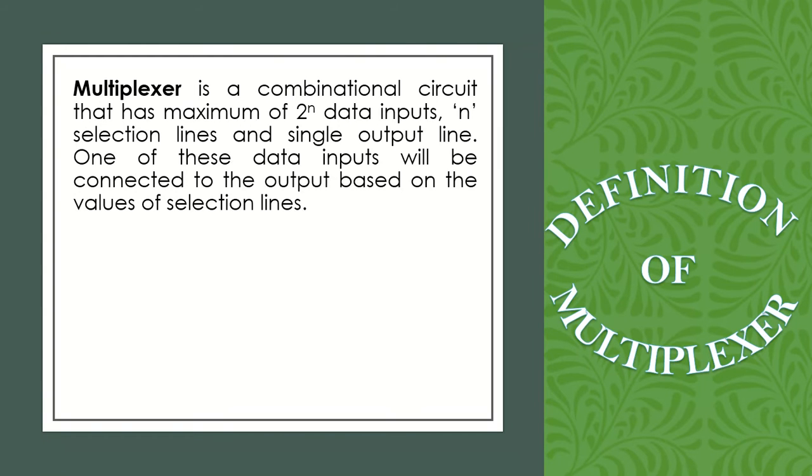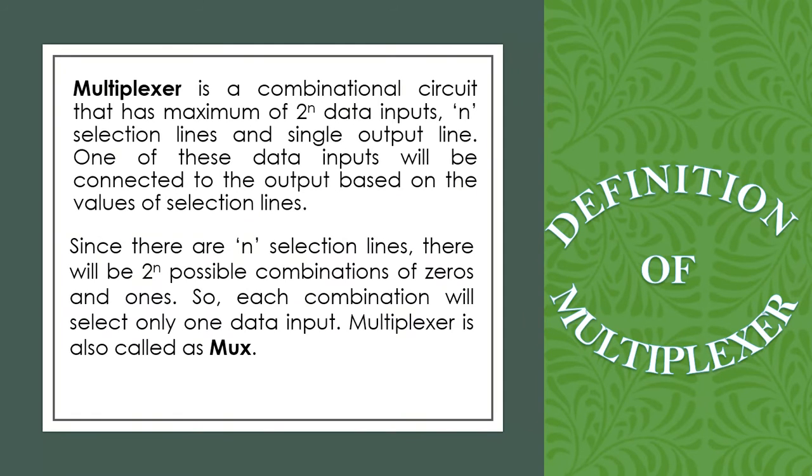One of these data inputs will be connected to the output based on the value of the selection lines. Very important: whatever is done is based on the values of the selection lines.